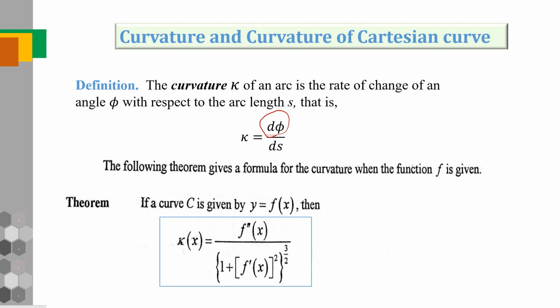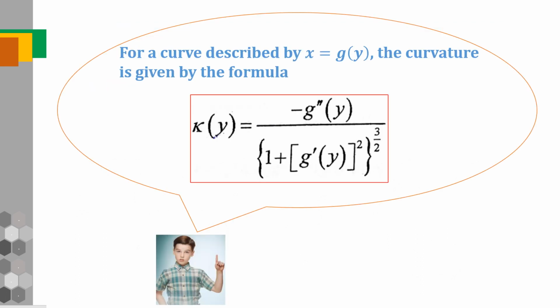Okay, so kailangan lang natin tandaan 'yan, na gagamitin lang natin 'yan kung yung given is y is a function of x. Okay? And dito naman for a curve described by x equals g of y, no? So that means meron tayong x as a function of y. So the curvature is given by this formula.